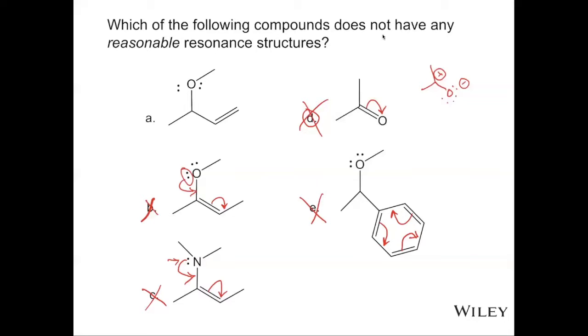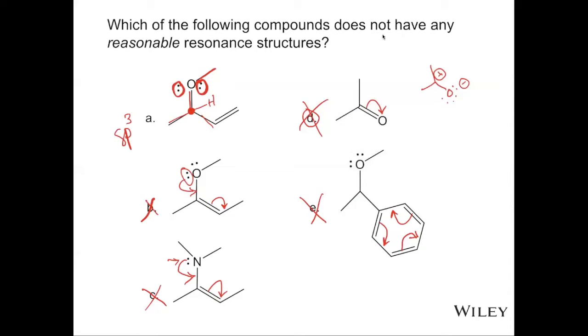However, if we get to letter A, this lone pair on the oxygen can't go anywhere because this carbon right here is sp3 hybridized. So we cannot touch any of the sigma bonds. This cannot move down because this carbon can't have 5 bonds. Remember, in the line bond structure, it's assumed that there's a hydrogen there as well. And same with this double bond.